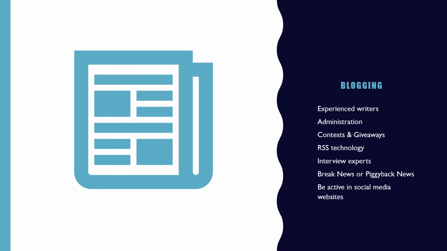Next, we're going to take a look at blogging. Your textbook will go into some details and things that you should consider when you are looking at blogging. You want to have experienced writers, so people who are going to help keep your content so that it maintains a good authority. You want to think about the administration.